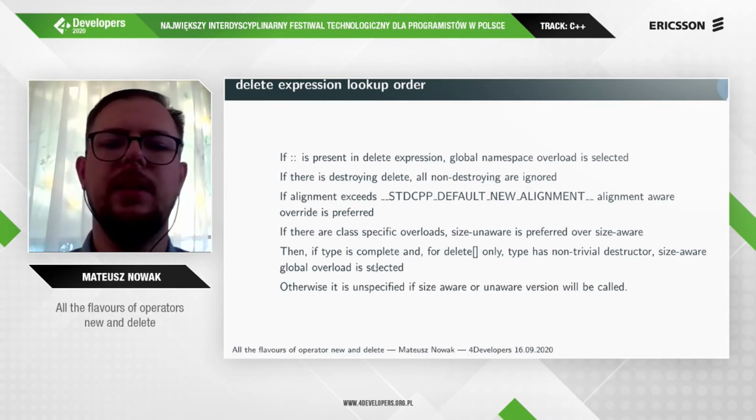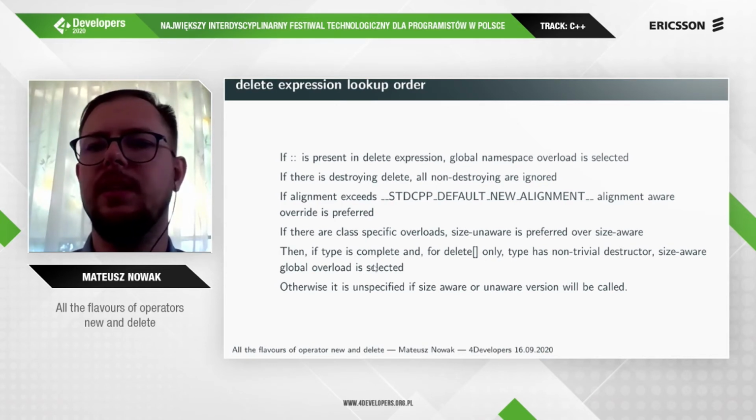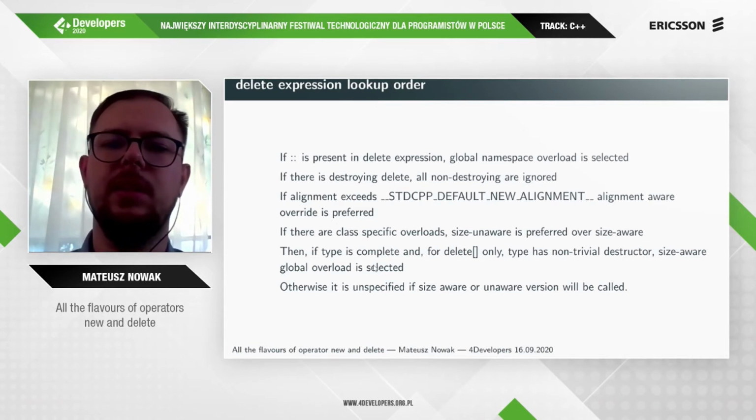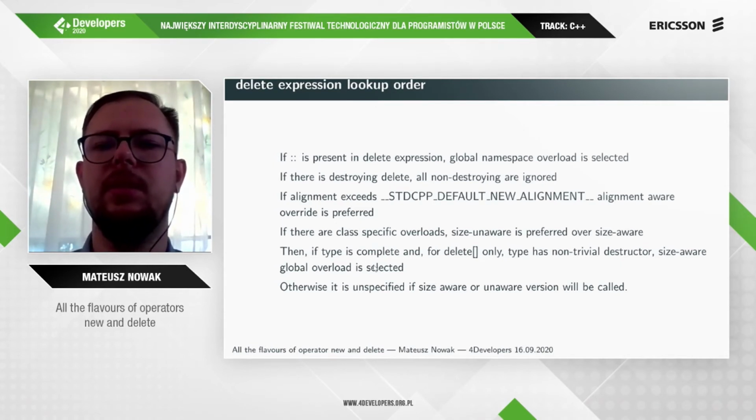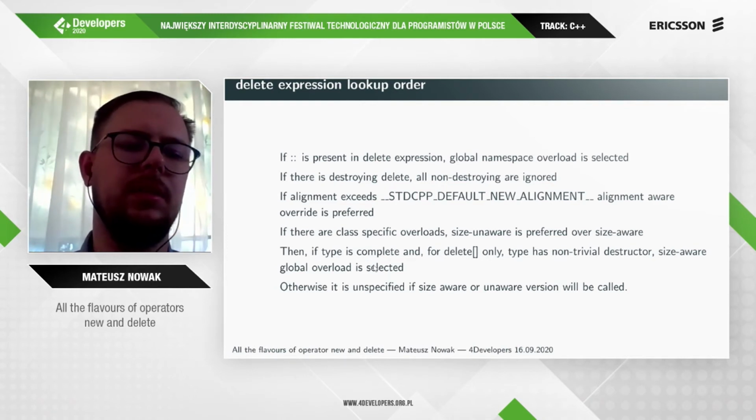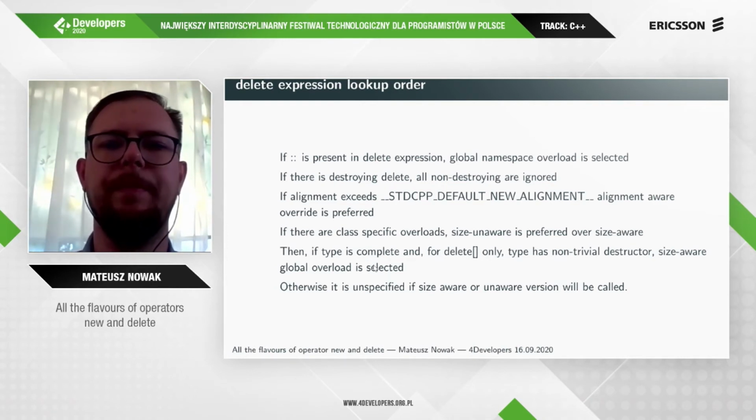And in the end, it is unspecified whether the size-aware or size-unaware version will be called. So if we are overriding operator delete on global scope, we have to provide both versions, because it's a matter of the compiler or library which one will be called.